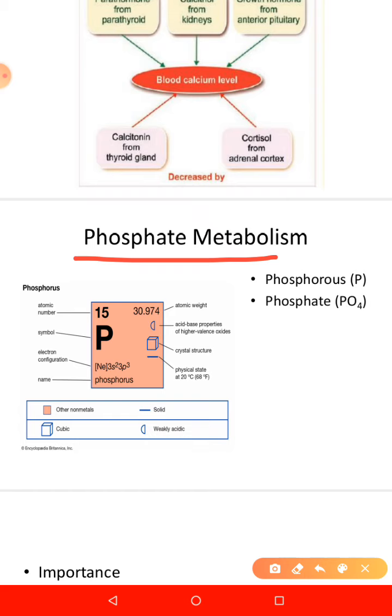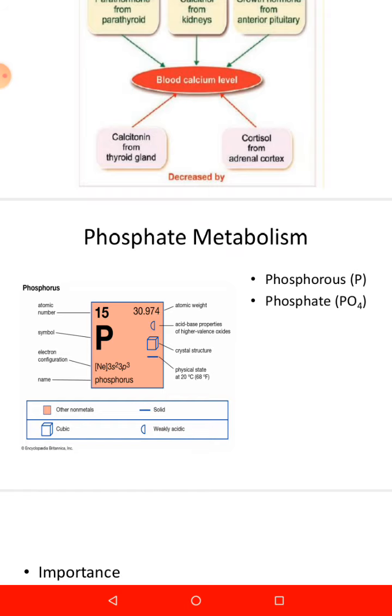Many foods that we eat contain phosphorus, like beans, groundnuts, and milk. But phosphorus usually exists in the form of phosphate.